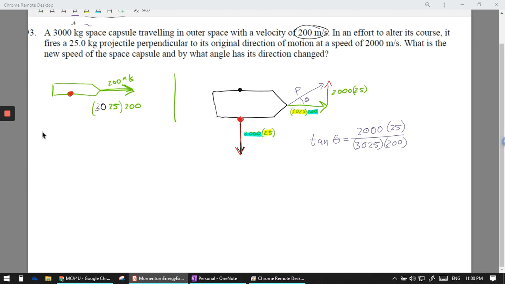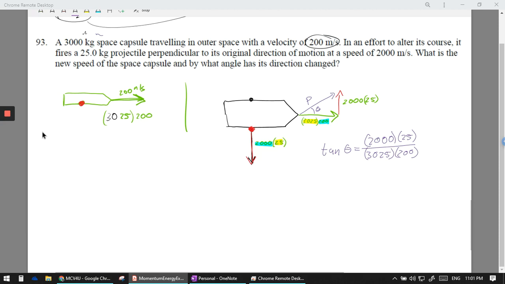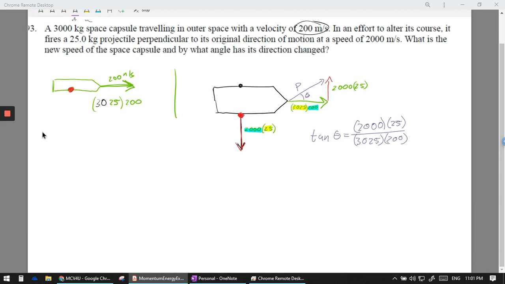Sorry for mixing those up. That's again a velocity and a mass, and then a mass and a velocity here. If I cancel a few of these numbers, apparently this angle is about 5 degrees. That's how much it's been shifted up by.